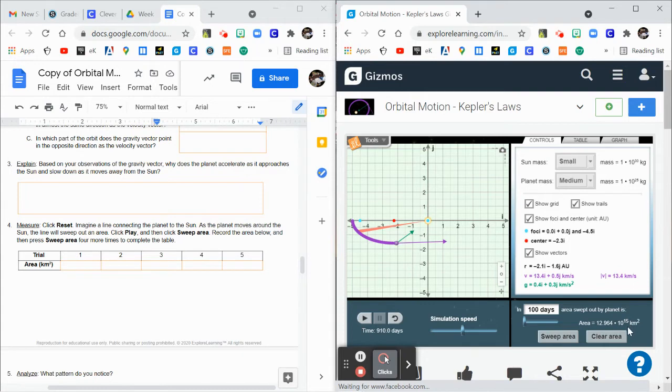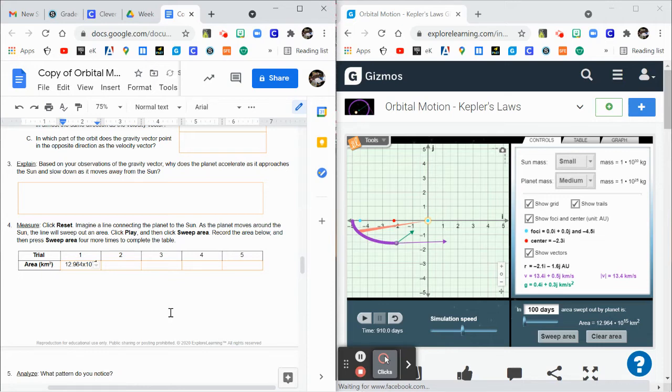Okay. So the sweep area, there's one sweep area. So 12 point... times 10 to the 15.